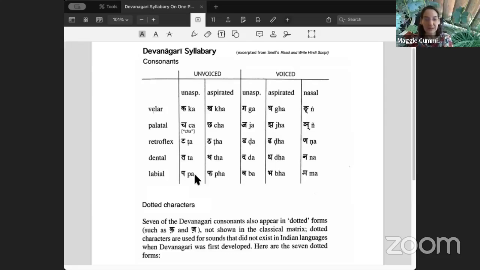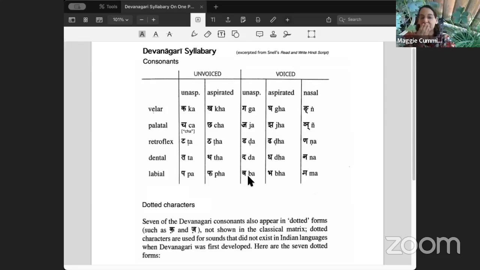Okay, so now let's look at the last line, labial. This line we do have in English, so it's just a matter of controlling the aspiration. For paper, we want to aspirate that initial pa. So this is the hard one, to control it. Ba is more natural for us, like baby.